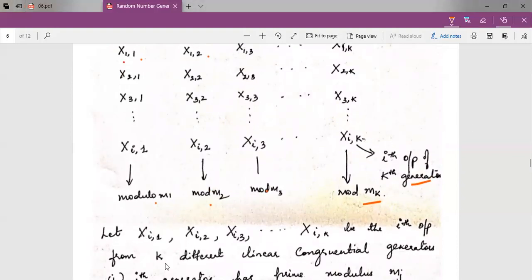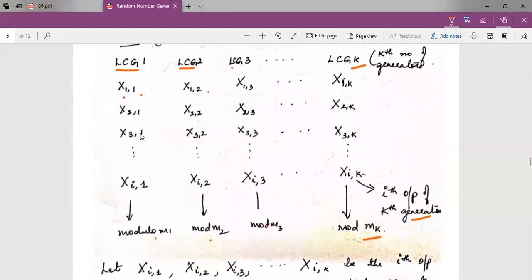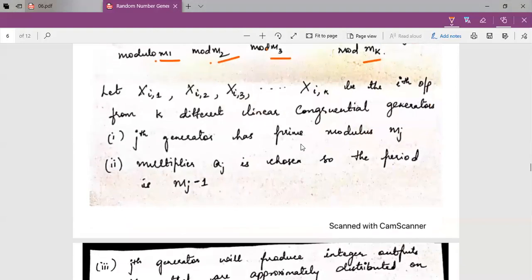So 1, 1, 1, 1 is your first generator, modulus m1. 2, 2, 2, 2 is your second generator, second modulus. 3, 3, 3 and so on. This represents the value of j. This is your modulus mj. That is what represents the jth generator having prime modulus mj.